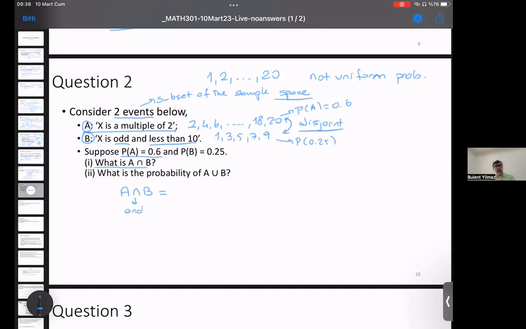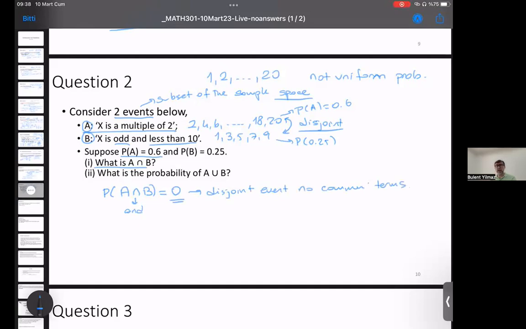So it will be event A and event B. Is there a probability of such a situation? The probability of obtaining such a thing is 0, right? Because these are disjoint events, and disjoint events have no common terms, and the probability will be 0.